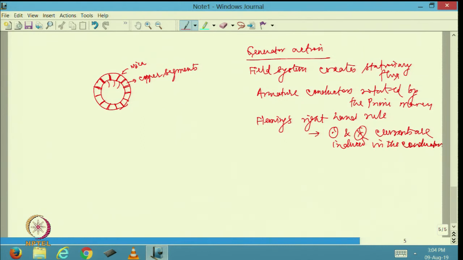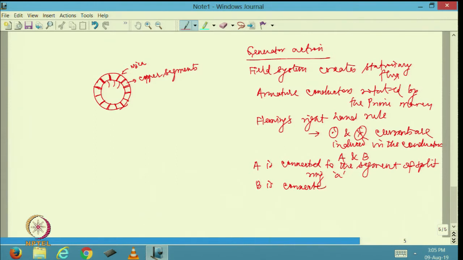So, I was showing only two conductors, let us say A and B. Now, A is connected to the segment of the split ring, small a, and B is connected to the split ring segment, small b, right.